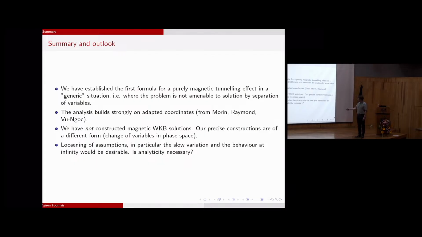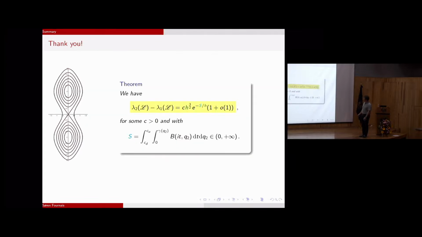And as I have stressed once before, we really did not construct magnetic WKB solutions, which we still don't know how to do. Of course, we would like to have the same kind of theorem with much looser assumptions, but that is work in progress, and a lot of future work. This was the theorem. Congratulations, Vilker.